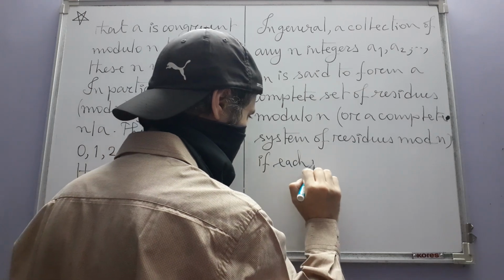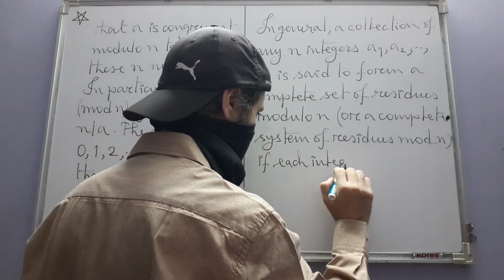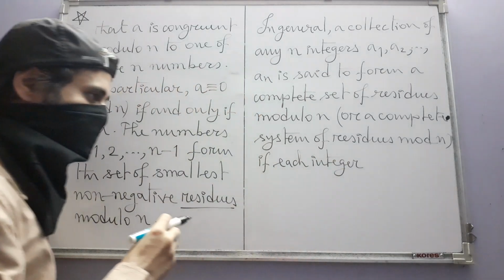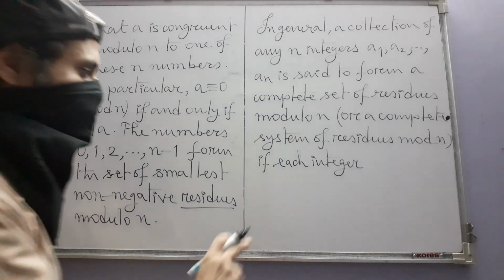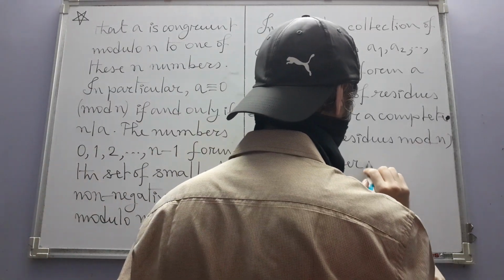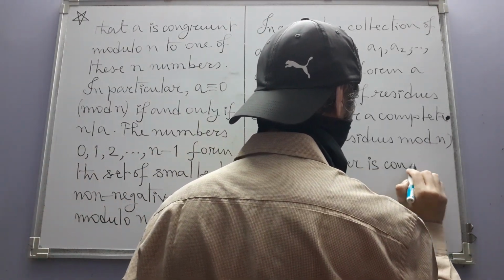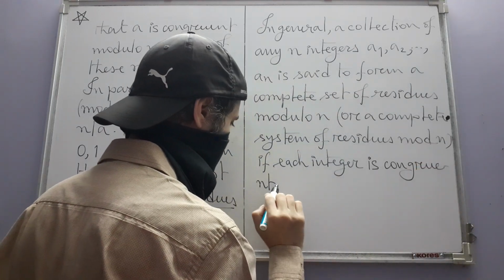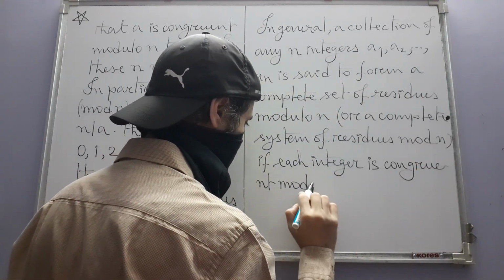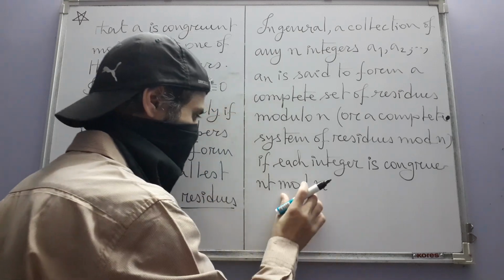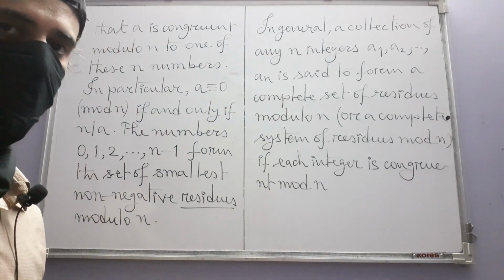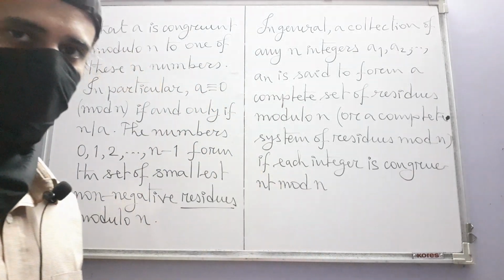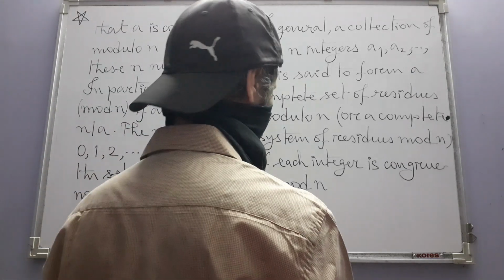each integer, means you take any integer, okay, if each integer is congruent mod n. I quit writing modulo n every time. I will simply write mod n, briefly.